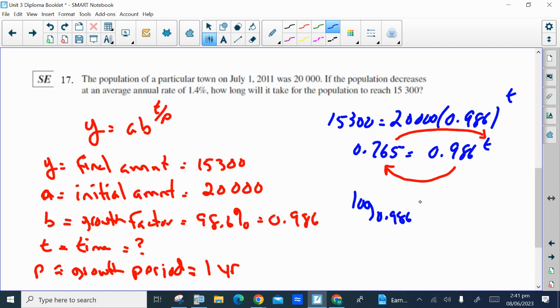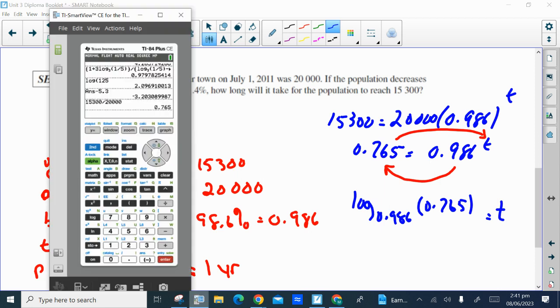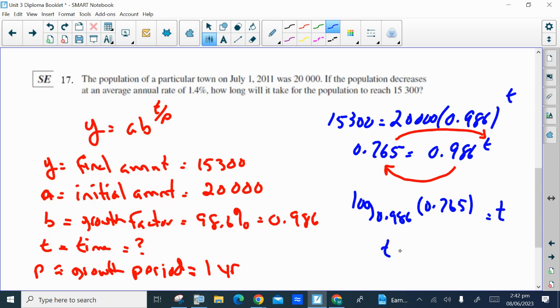So it'll be log base 0.986 of 0.765 equals T. And so rounded to the nearest year, 19 years. That's how long it'll take for that population to go down to 15,300.